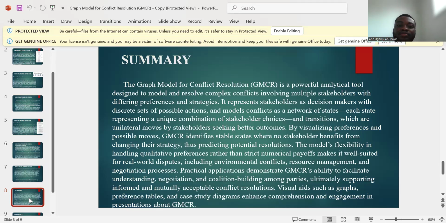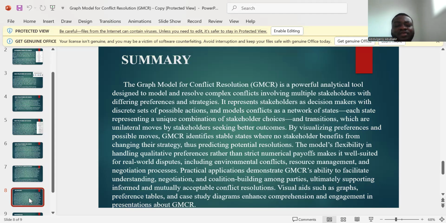And it has the ability to combine strategies, giving a good outcome of the states, like the combined strategies and actions.